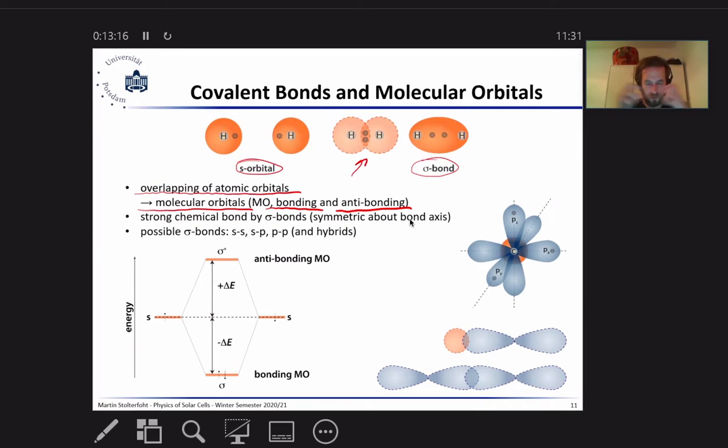So if you bring 2 atomic orbitals together, like so, then you will form 2 molecular orbitals, and one will be bonding and one will be anti-bonding. This would be the bonding. The anti-bonding would look like this, I think. It would be repelling the 2 s orbitals from each other.